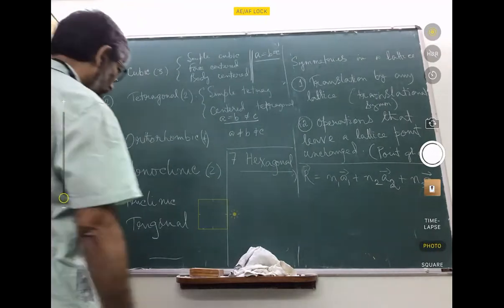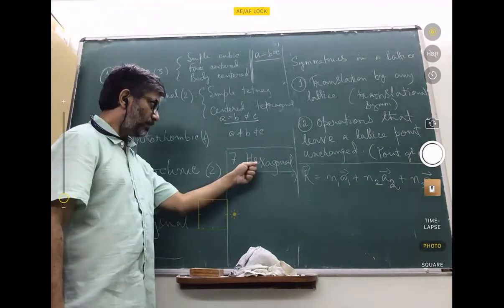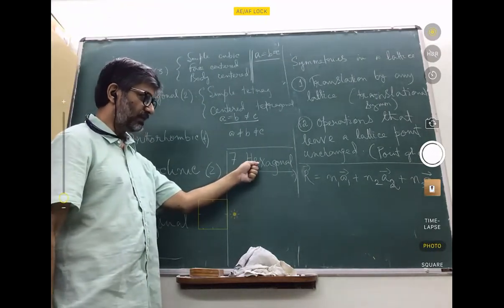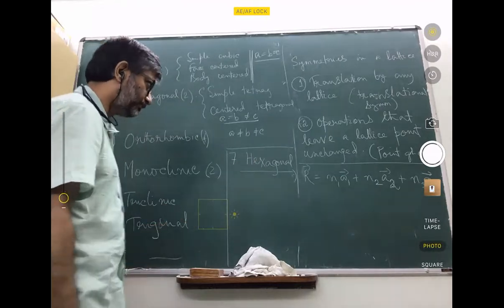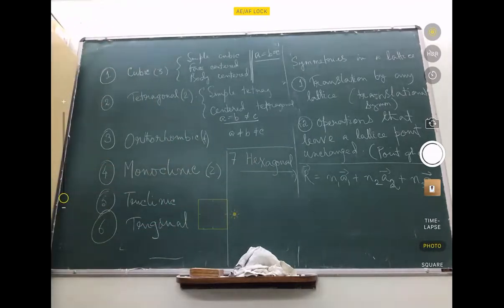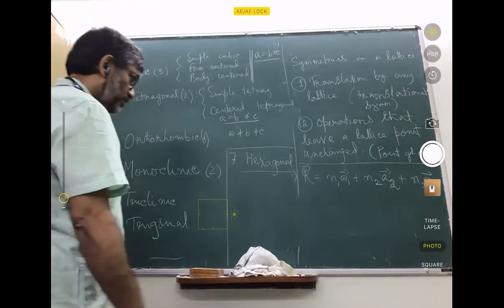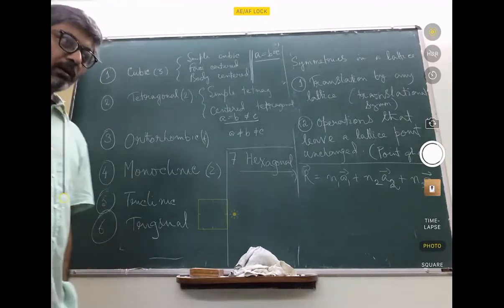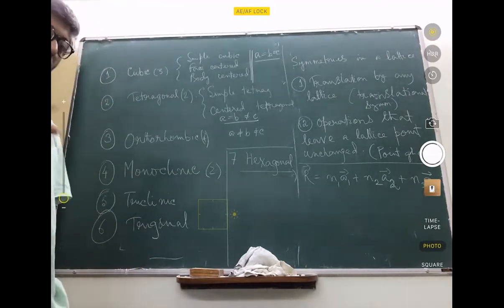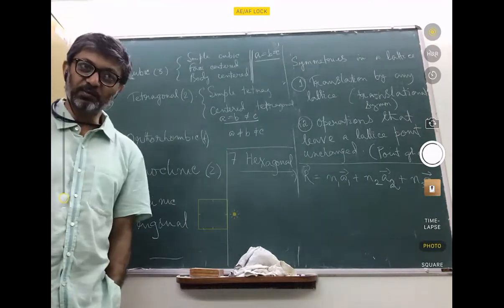For example, obviously hexagonal lattices would have 6-fold rotational symmetry about an axis perpendicular to the hexagon. Note that you cannot have, for example, lattices with a 5-fold rotational symmetry axis.